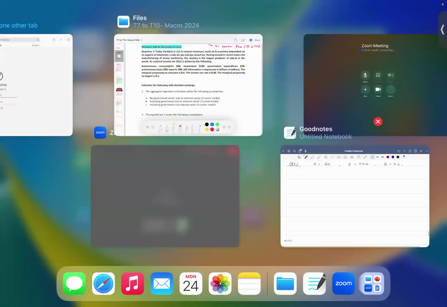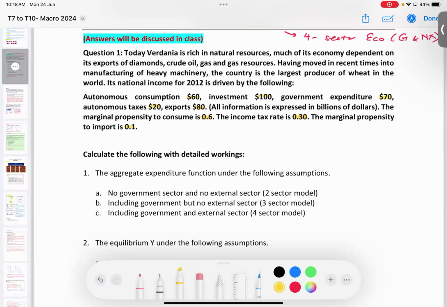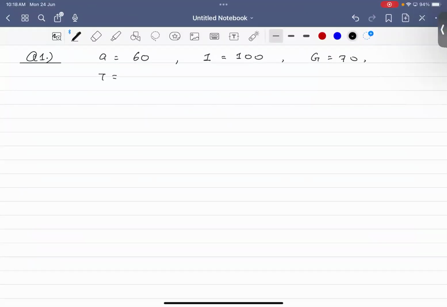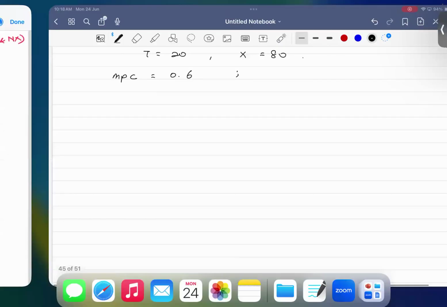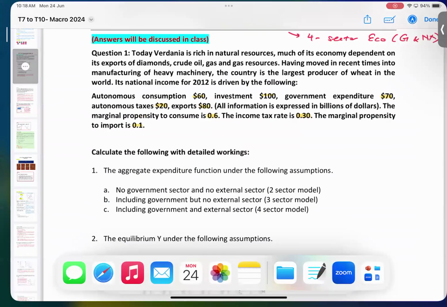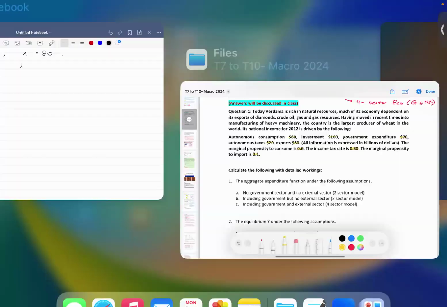Taxes is 20. Exports is 80. And then marginal propensity to consume is 0.6. And now we have the income tax rate and marginal propensity to import.